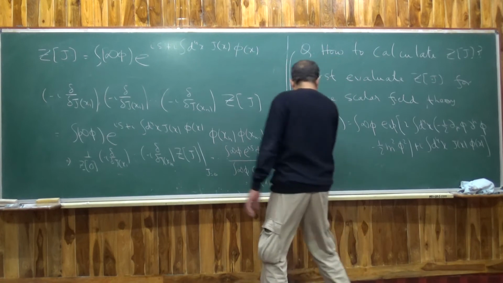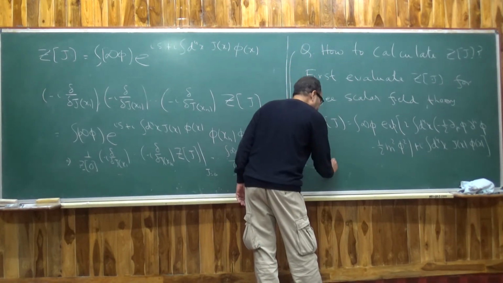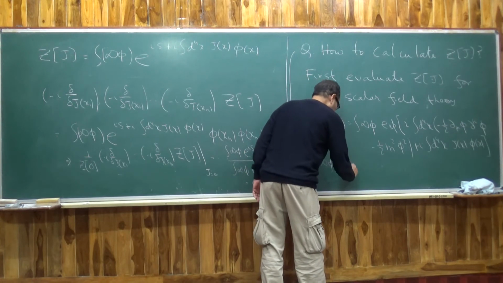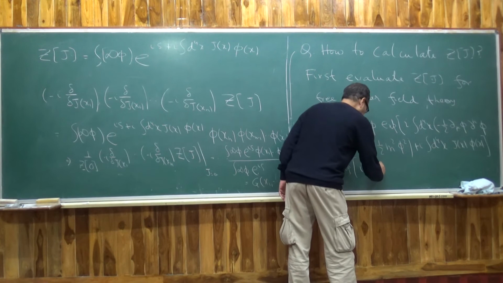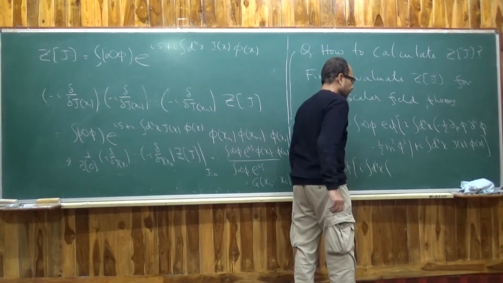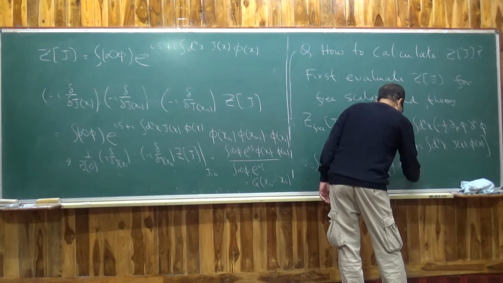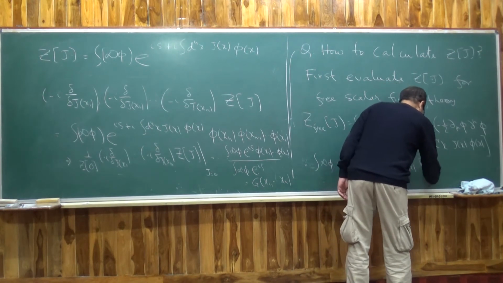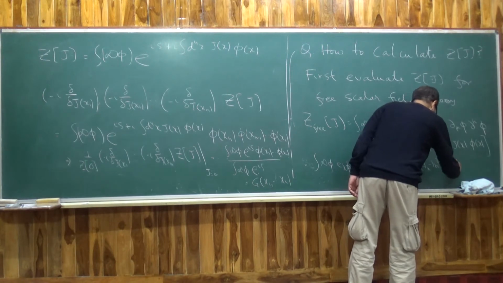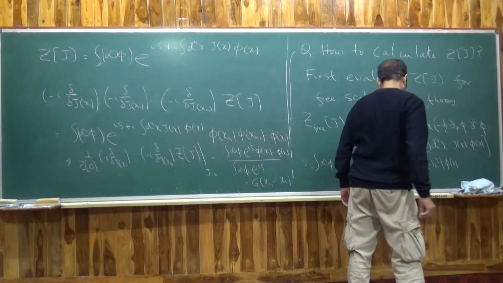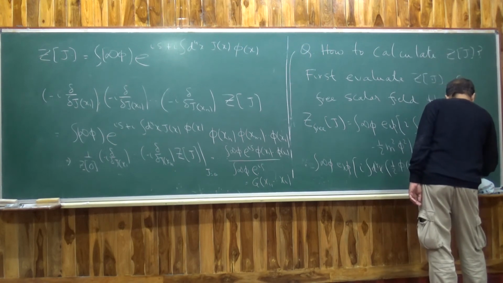So if we do that, then we can rewrite this as the integral d phi exponential i, half phi of x box x squared, plus i J of x.